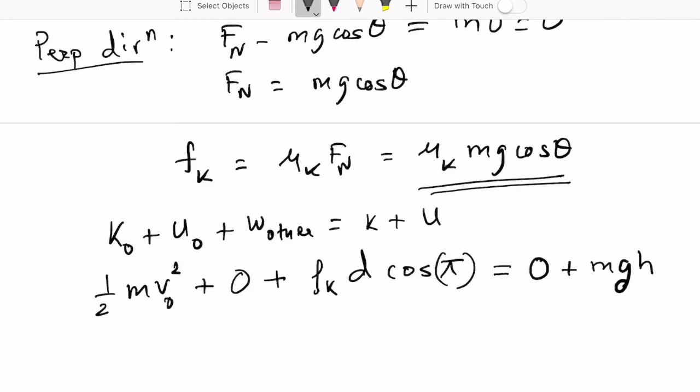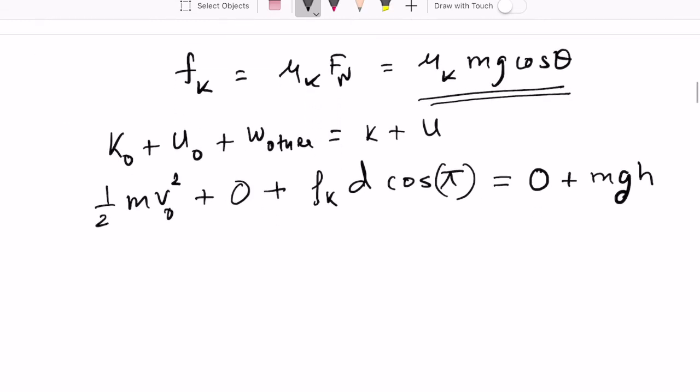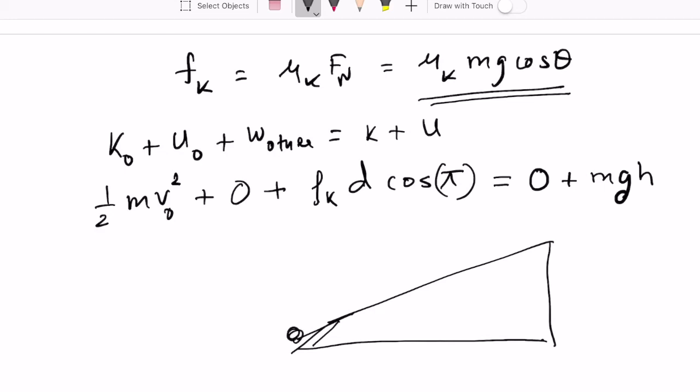What about this h? Now let's go back to our diagram. I'll just draw it here again. It's just a pain to go back and forth. So let's say that the truck starts over here, stops over here. This distance is d. This angle is theta. This h is what we are interested in. That's the h that goes in our equation.